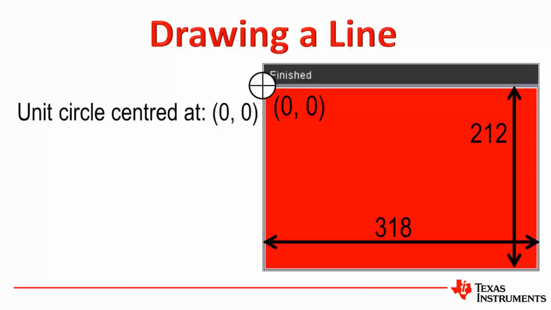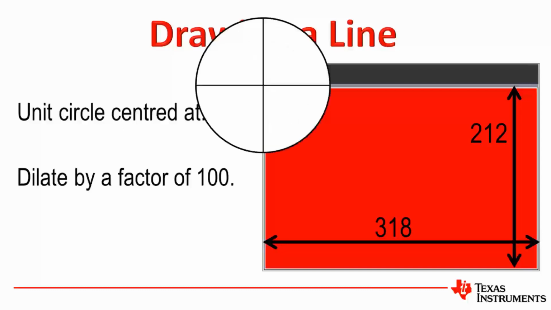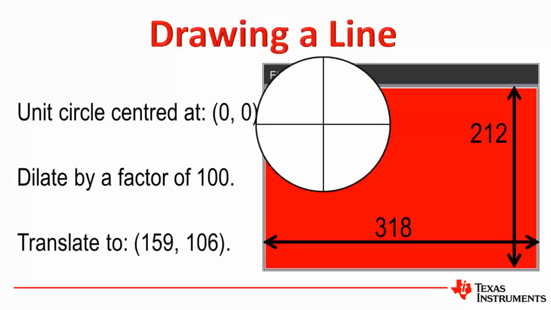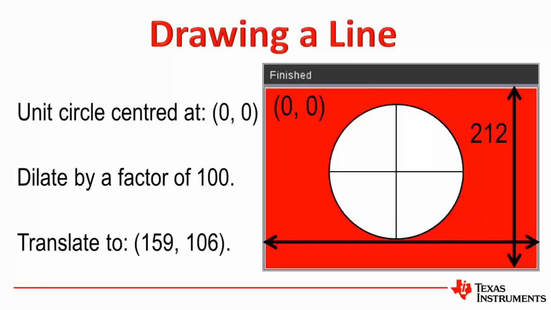So our unit circle centered at 0, 0. We're going to do some relatively straightforward maths, and we'll dilate it by a factor of 100. Then we need to translate our coordinates to the middle of our screen, thereabouts. So I figured if we translate them to 159 and 106, that should work.